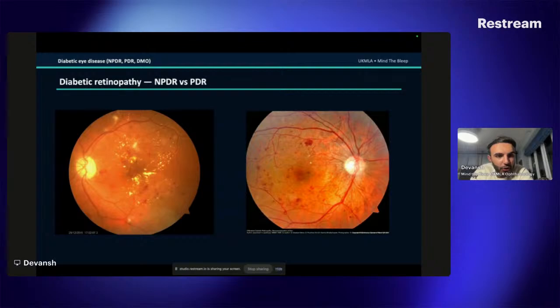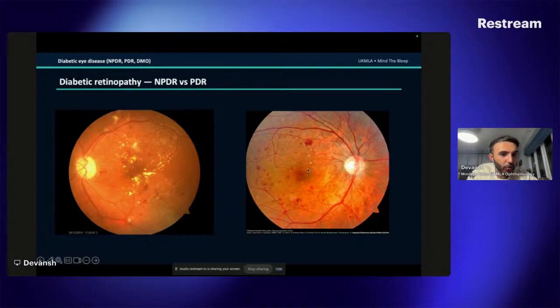So this is a slide just showing us the difference between non-proliferative and proliferative diabetic retinopathy. On the left-hand side, we can see lots of soft and hard exudates, as well as some microaneurysms and hemorrhages dotted around. On the right-hand side, we see proliferative diabetic retinopathy.